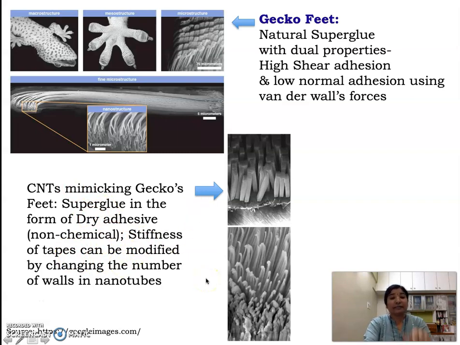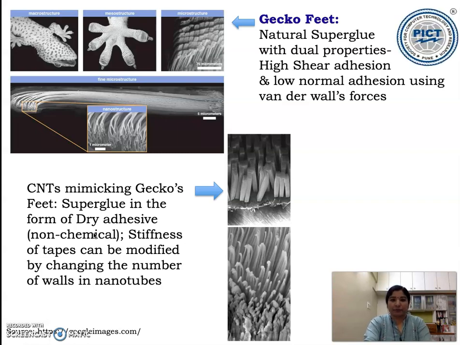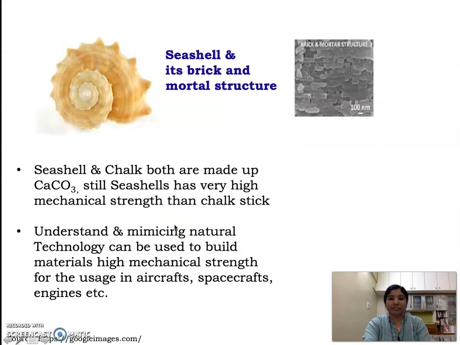This is another example where we learn from nature and then mimic it to develop a novel product. Super glue tapes, and that too dry adhesive, that is non-chemical tapes, can be manufactured using carbon nanotubes. This is the structure shown here in the images.